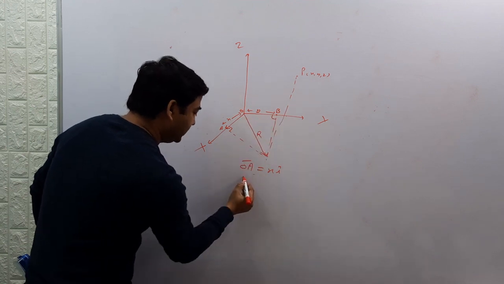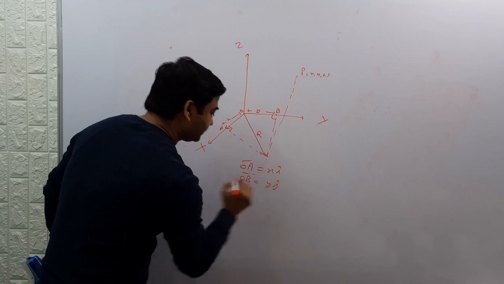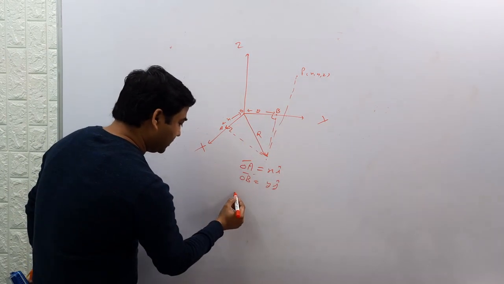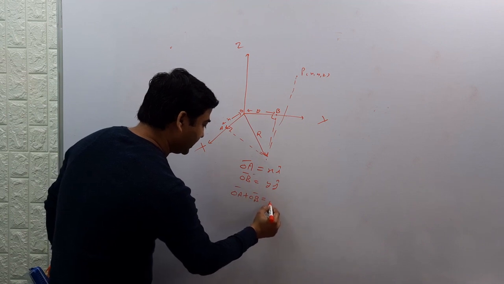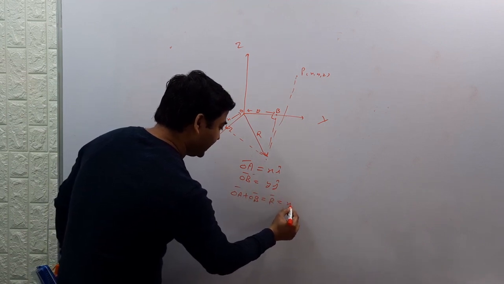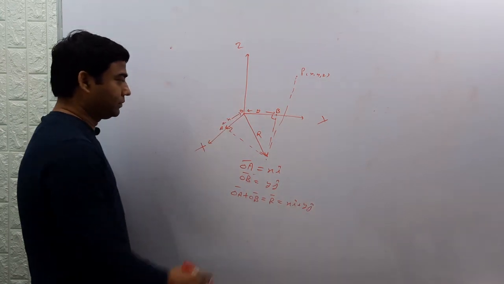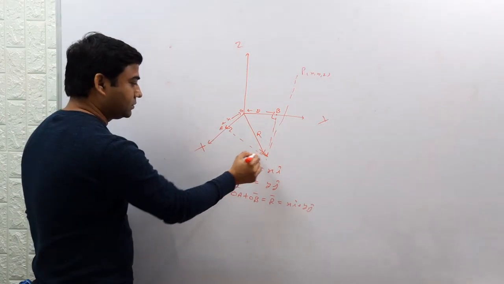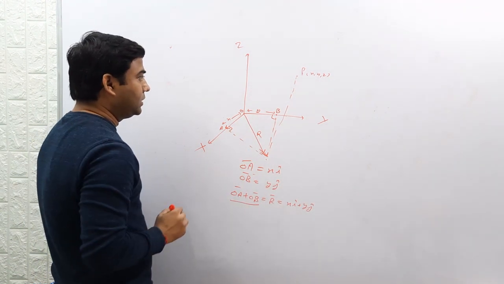Similarly, vector OB is equal to yj. Vector OA plus vector OB is equal to vector R, which is equal to xi plus yj. We have got this vector: OA and OB give this vector.